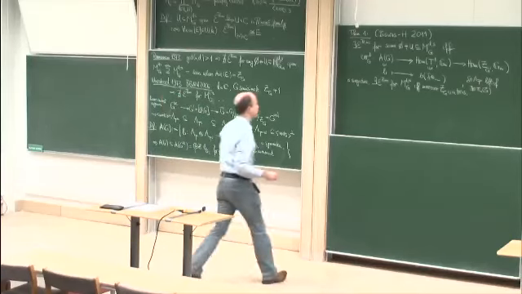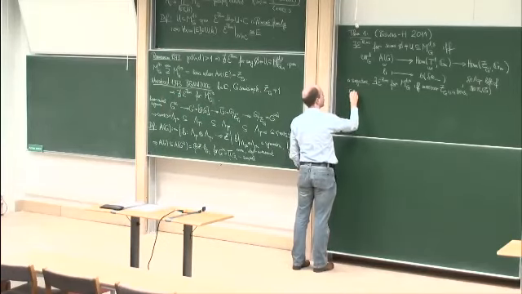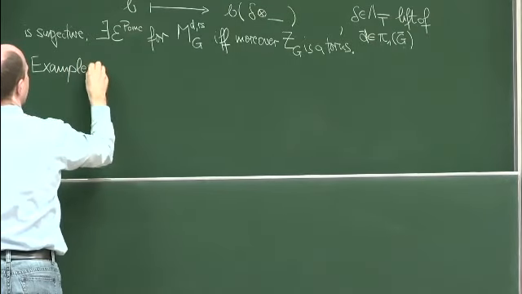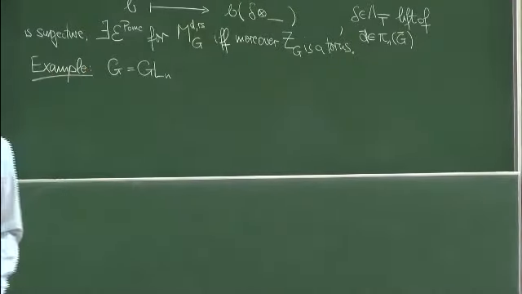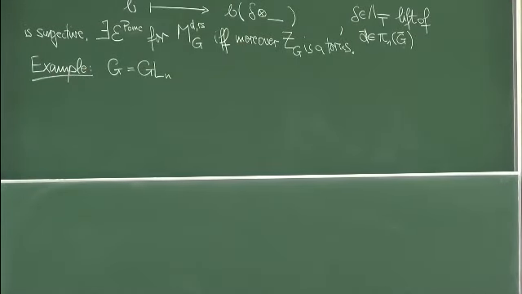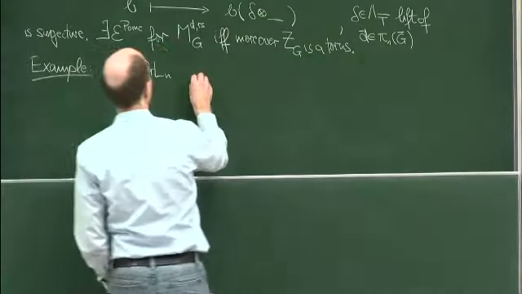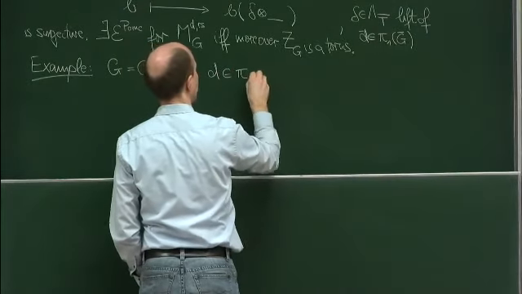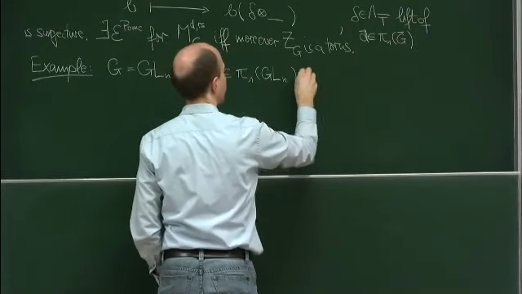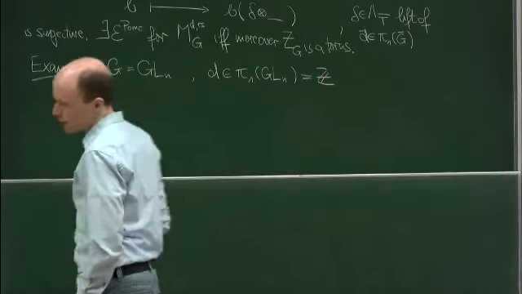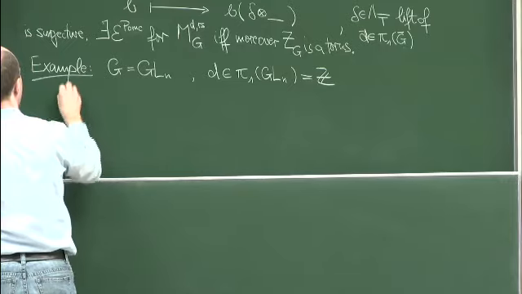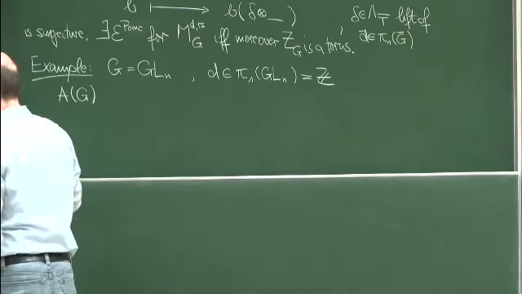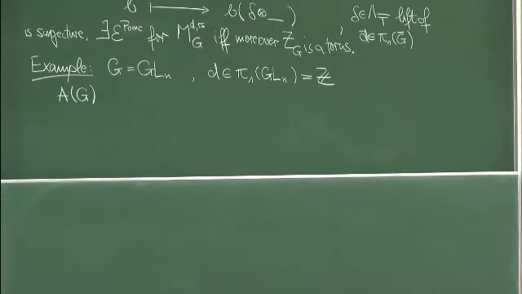Let me just quickly go through the computation for GL_N. For G equals GL_N, just to see how you get back Ramanan's result, for example. So here, the topological type is just a number. The fundamental group of GL_N is Z, and the element D is the degree. So here, it so happens that the basic inner product, the generator of this slightly larger group, is still integral on these two.